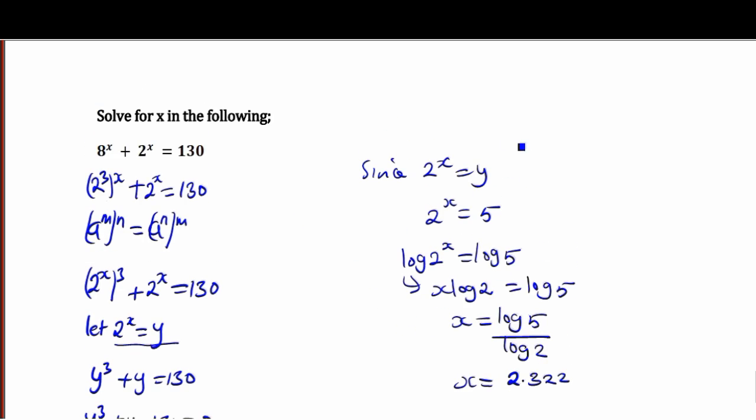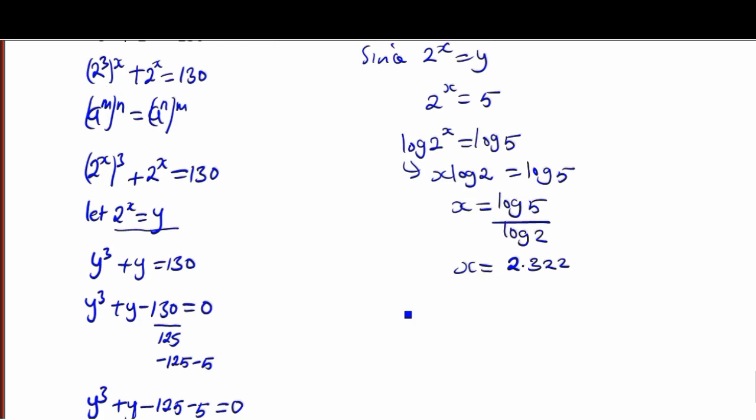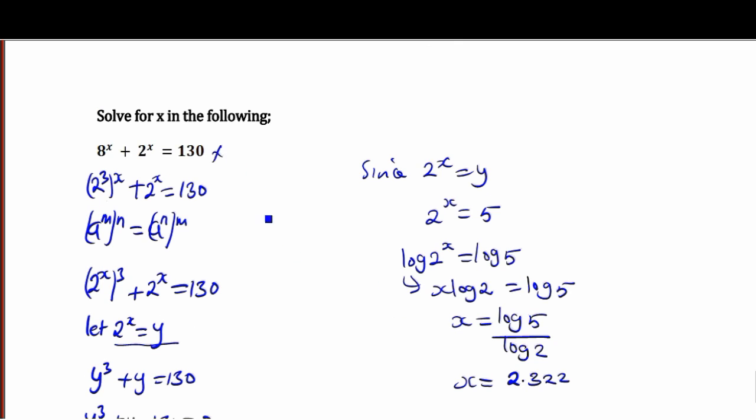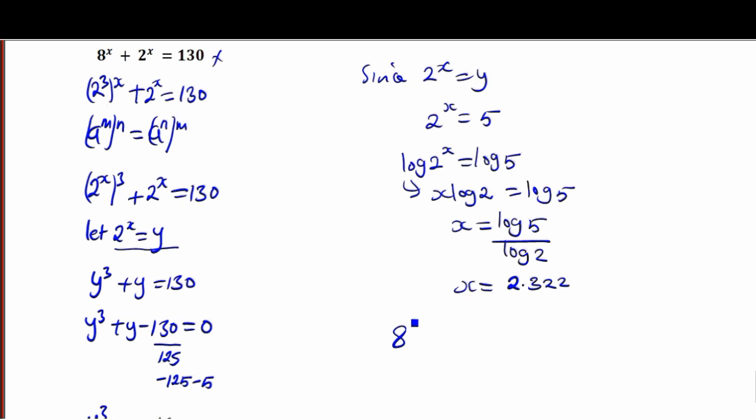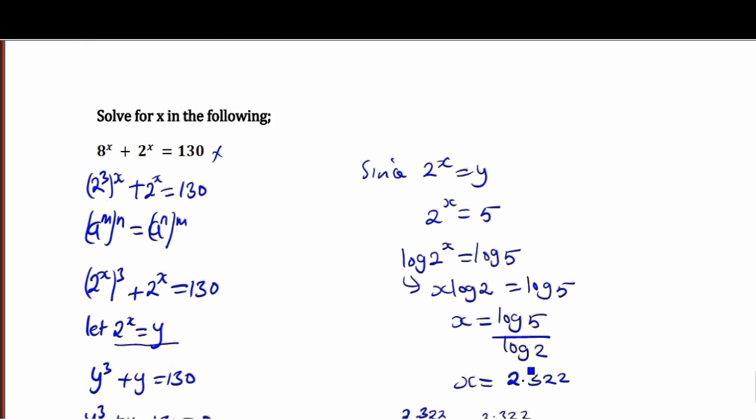If you take from our original equation, 8 power x, which is 2.322, plus 2 power 2.322, you'll find that the answer is 130.01 something. So this is how you go about such complex logarithm equations.